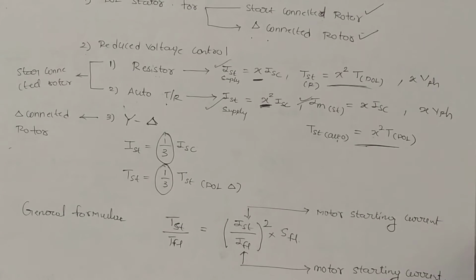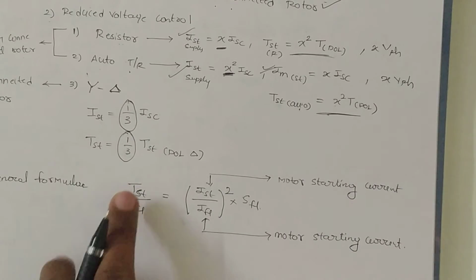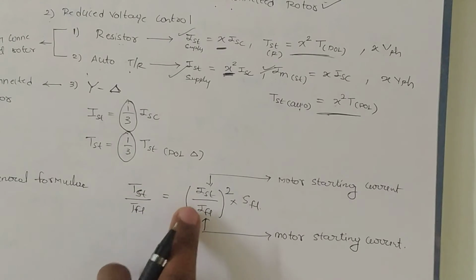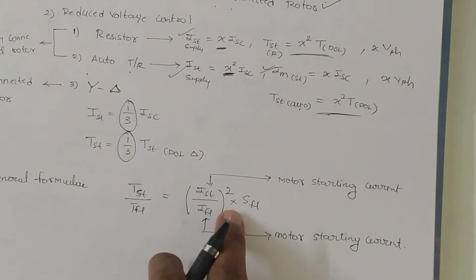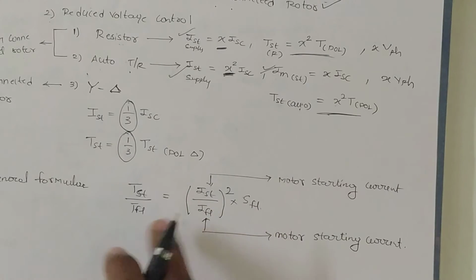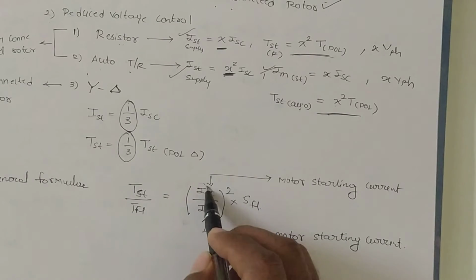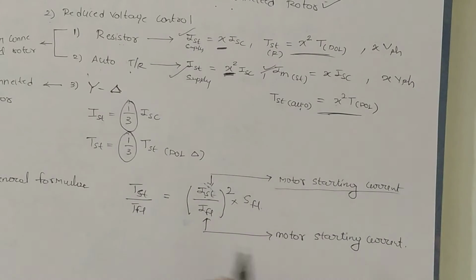For solving problems, the general formula is I starting by I full load, and T starting by T full load is equal to (I starting by I full load) whole square into full load slip. Remember one thing: this starting current is not the supply current, it is the starting motor current, and the full load current is also the motor current.